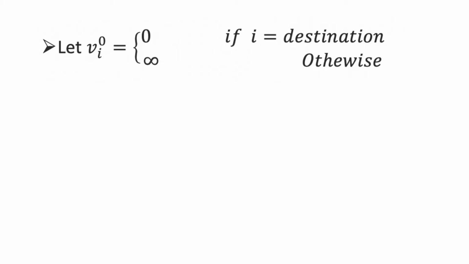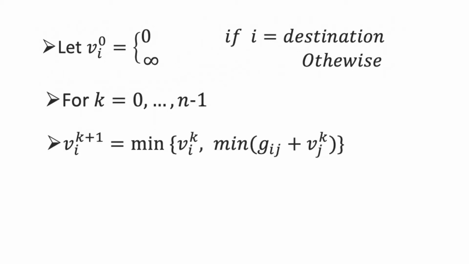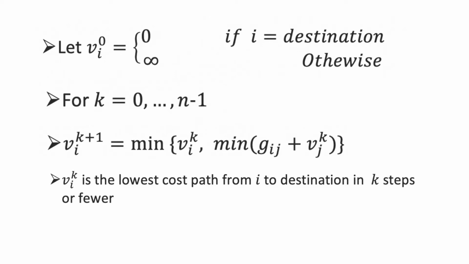Let Vi0 be equal to 0 if i is equal to the destination and infinity otherwise. For k equal to 0 up to n minus 1, Vi(k+1) is equal to the minimum of Vik and the minimum over j of Gij plus Vjk. Vik is the lowest cost path from i to the destination in k steps or fewer.